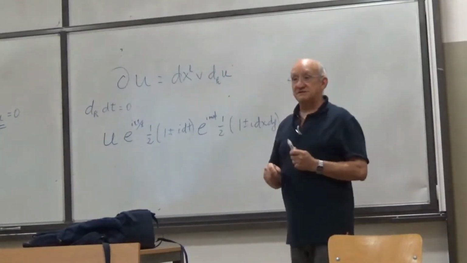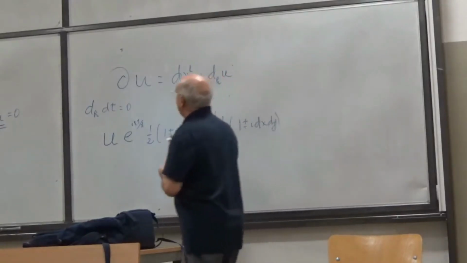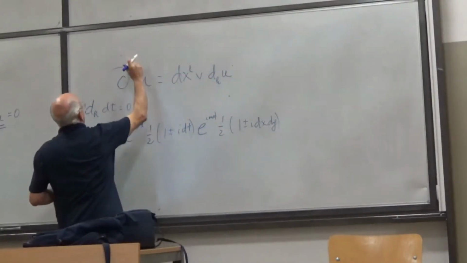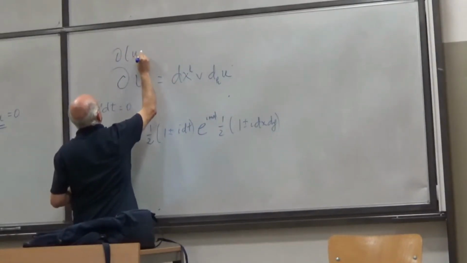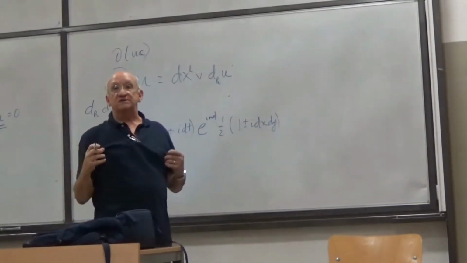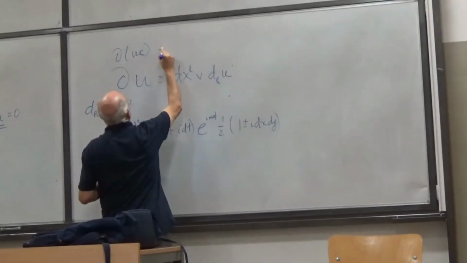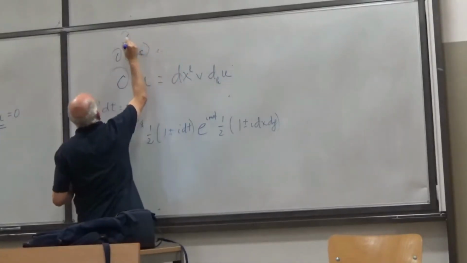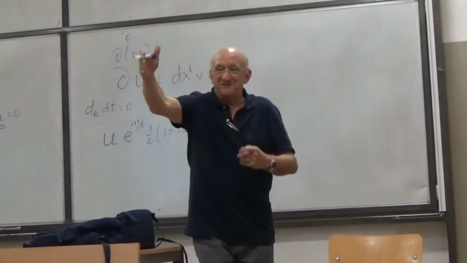And it happens, I will not go into details, it is easy to prove, that if I have the partial of U C, where I use C to refer to a constant idempotent, then this is equal. I said partial, but that doesn't mean partial, it's just easier to say because of the symbol.